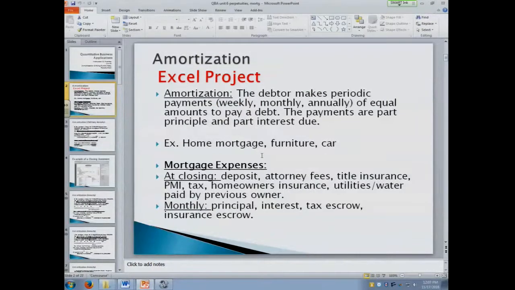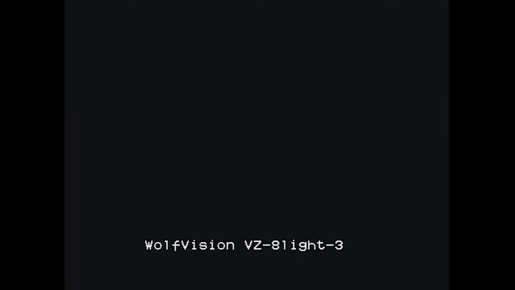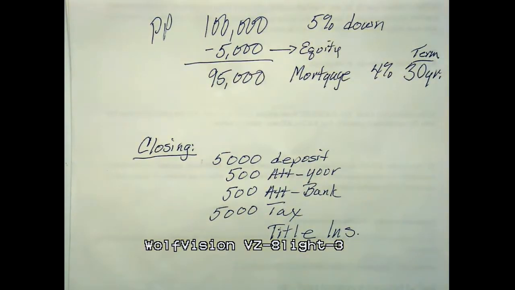I'm going to write these down. Title, title insurance. Let's talk about title insurance. Title, or they call it title insurance. You pay another attorney to investigate the property to make sure there's no back taxes, or maybe the previous owner repaired the roof and didn't pay the roofer, so the roofer put a lien on the house.